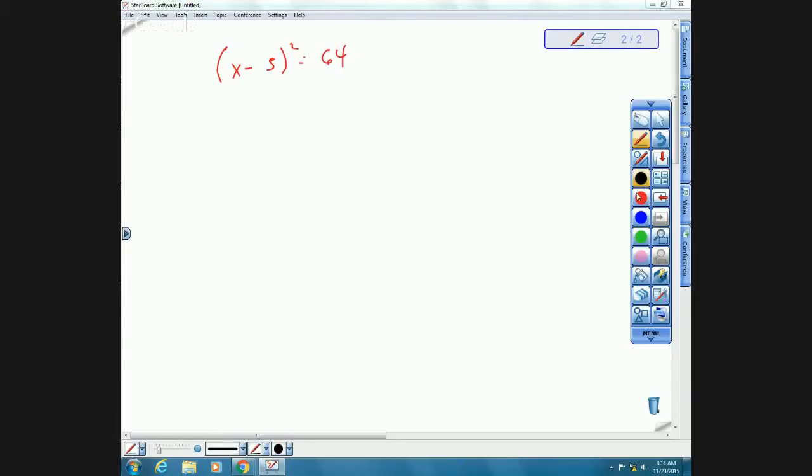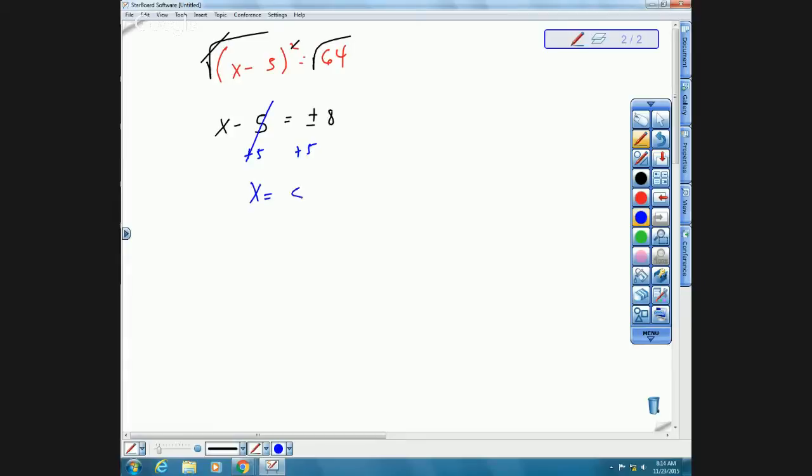If you had one like this, again, you have something squared equals 64. To get rid of that squared, I'm going to do the square root of both sides. Get x minus 5 equals, what's that become? You got to put the plus and minus 8. And then to get the x by itself, you add 5 to both sides.